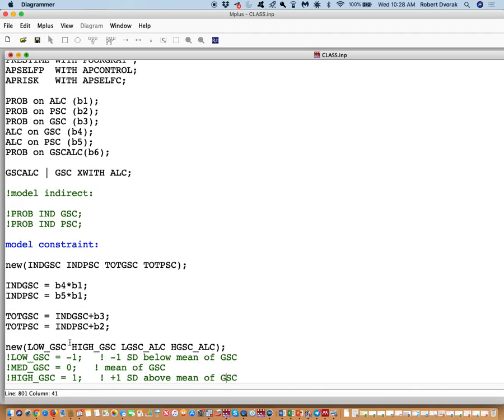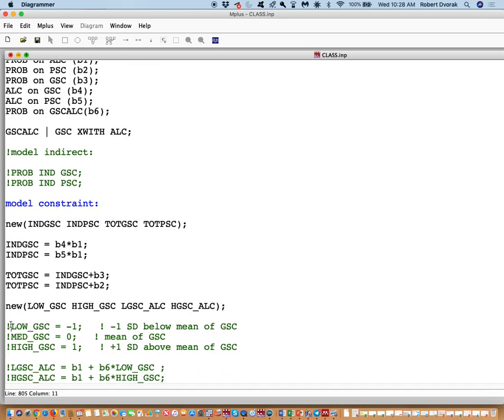We're going to say new: low good self-control, high good self-control, low good self-control alcohol, high good self-control alcohol. These are all new variables that we're going to create. And in order to do this, we're going to say that low good self-control equals -1.